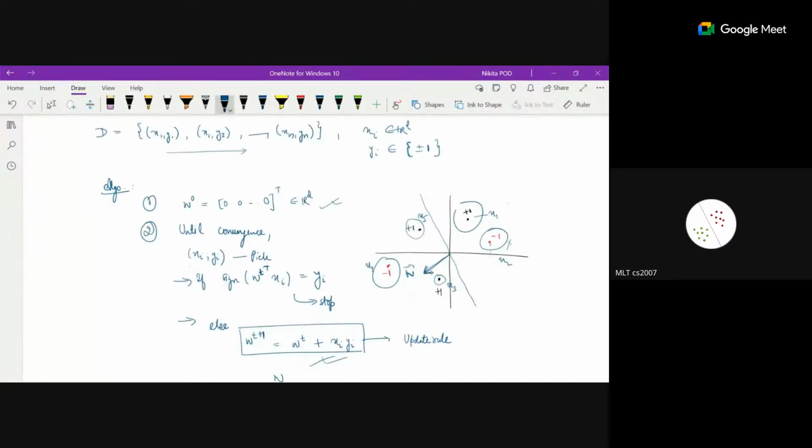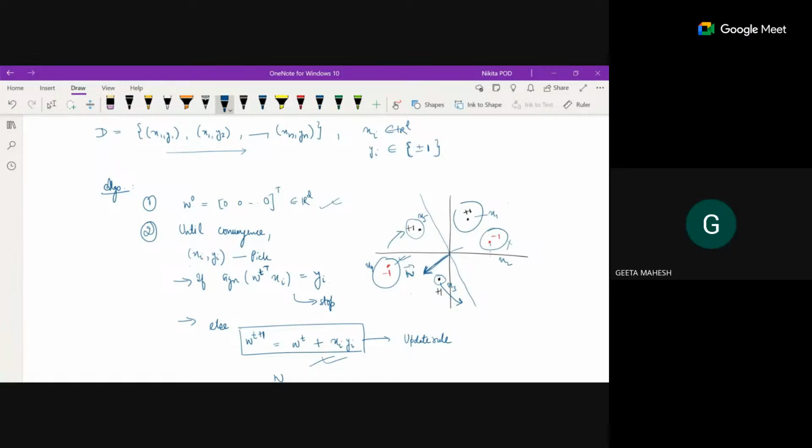Then when you go to the fourth point, x4, y4, you use the weights you got from x3, y3 to do the update for x4, y4. Your weight will change, and whether x5 is correctly classified, we don't know. So again we go to x5, y5. You go in sequence basically.